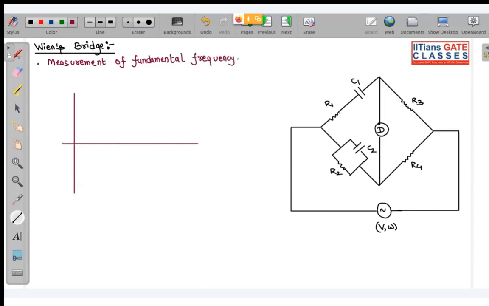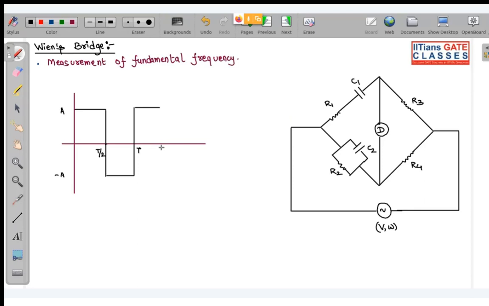Any wave. Okay, first tell me this. Is this signal an AC signal? Nitish, what about you? No. Shishir, if no, why no?